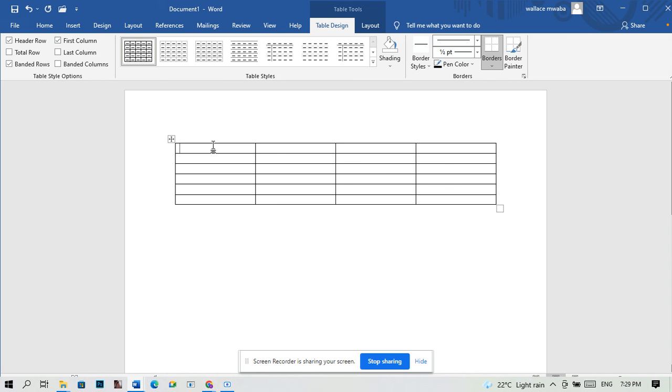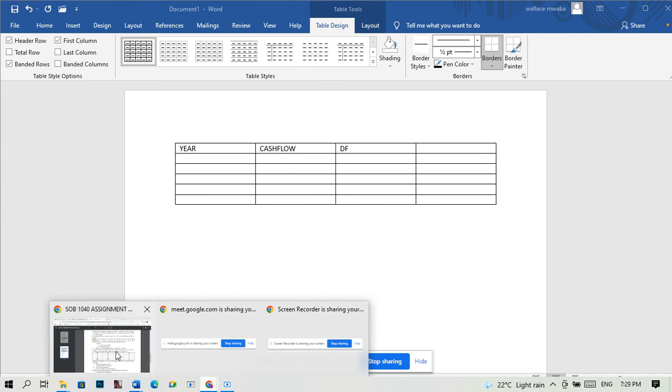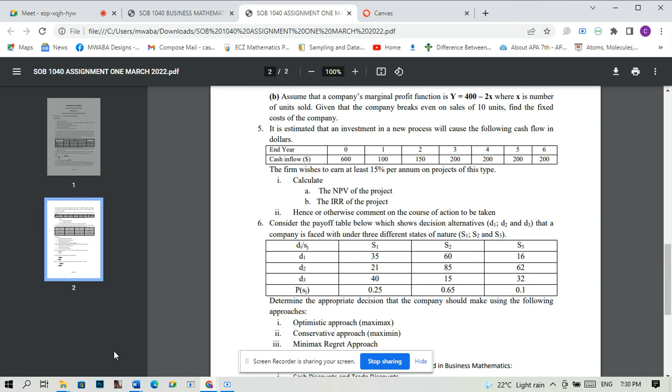Here we want to put our year, cash flow, and our discount factor. Our discount factor, because to convert future values into present values is called discounting.